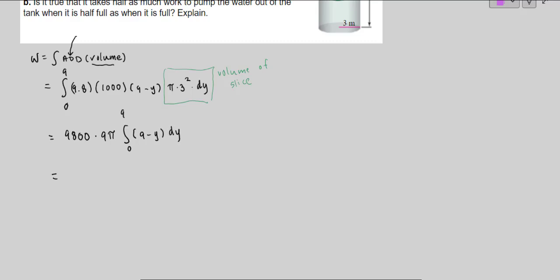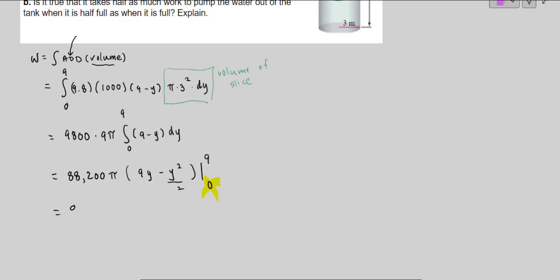And then 9,800 times 9 is 88,200. That's multiplied by pi. And then we will integrate here using our power rule, from 0 to 9. Plugging in 0, that's not a contributor, so we can ignore that.